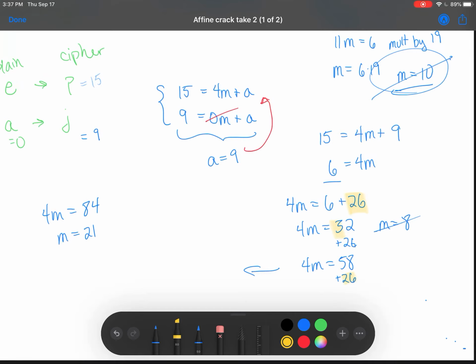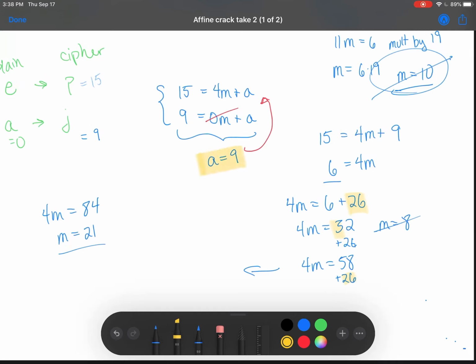Basically, I'm trying to find the value of m that is 6 more than a multiple of 26, in other words, a value so that 4m is equal to 6 mod 26. And it turns out we found m equals 21. So we know 21 is a valid multiplicative key for the affine cipher, since it's an odd number that doesn't have any common factors with 26.